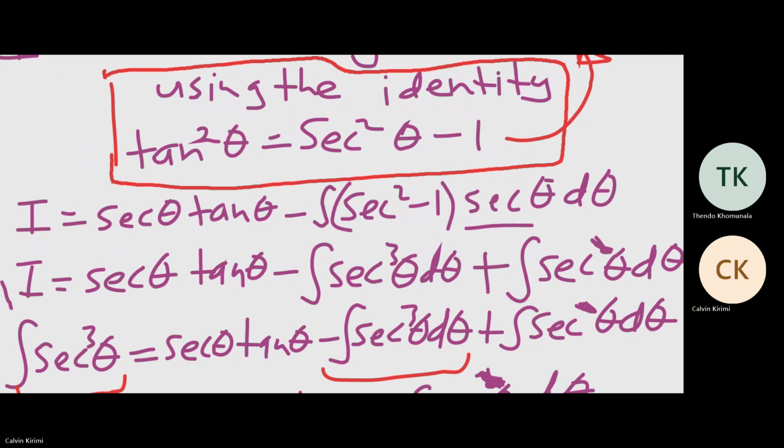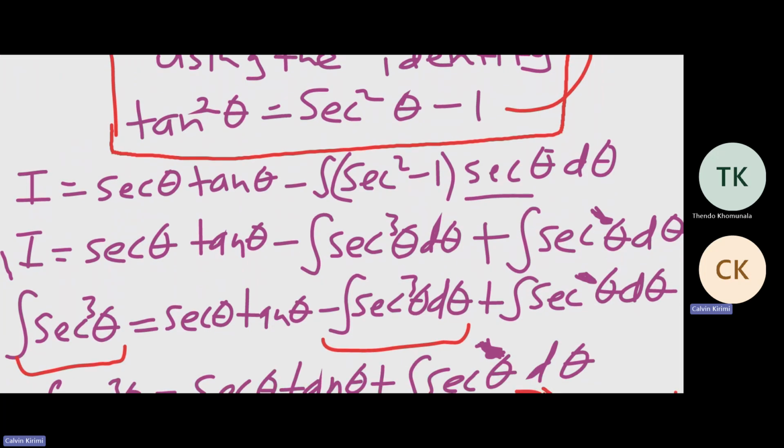So we expand the bracket: secant squared theta multiplied by secant theta gives secant cubed theta d theta. Negative times negative is positive, secant theta d theta.